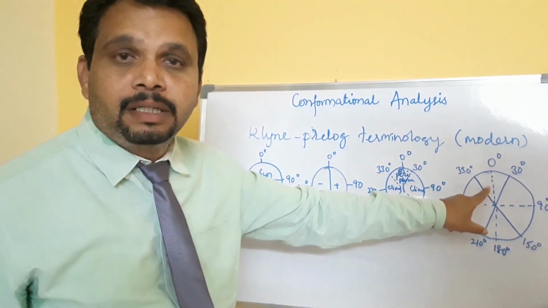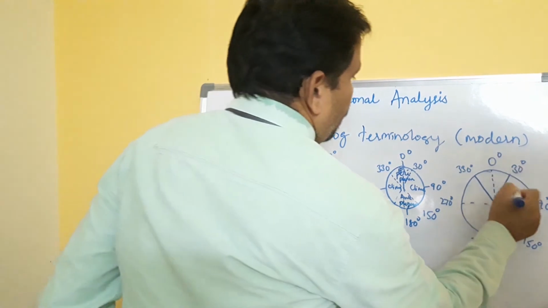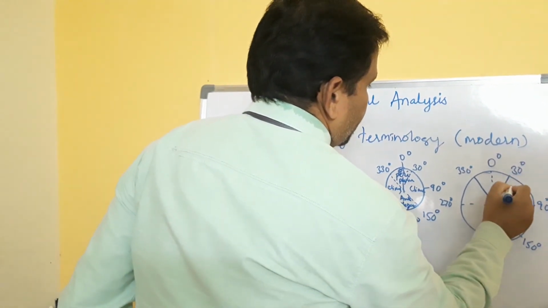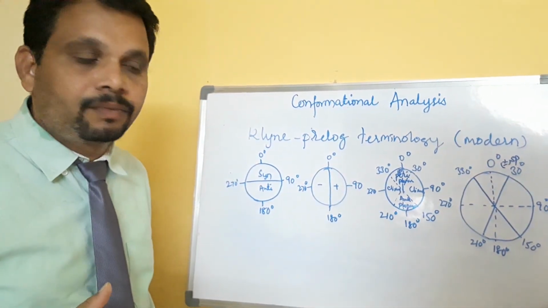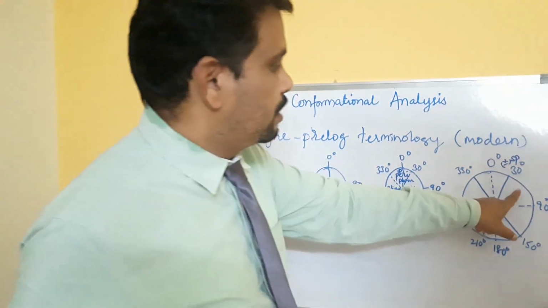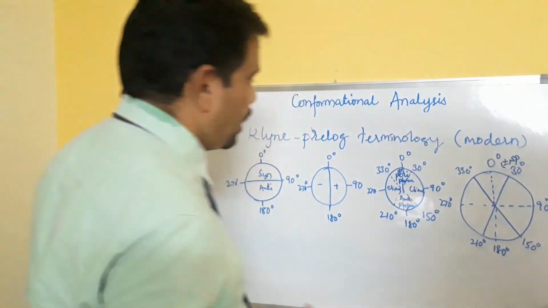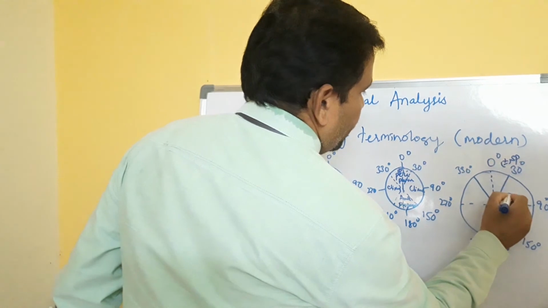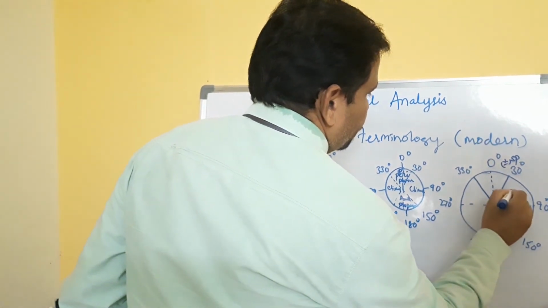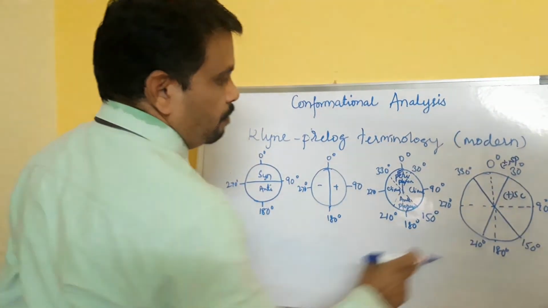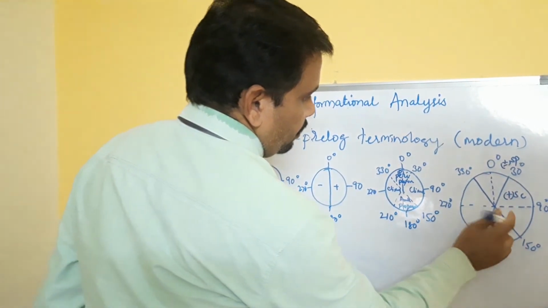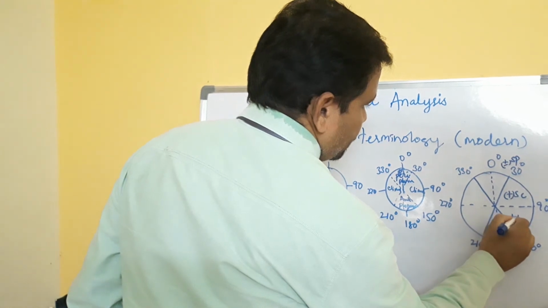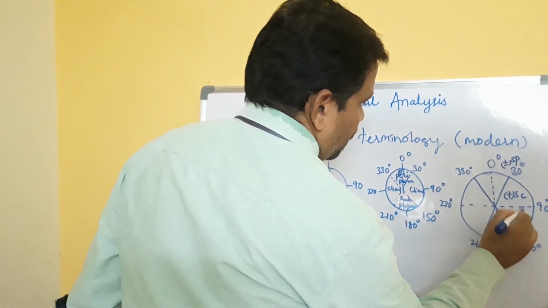Okay, so what about these two parts? Periplanar, P. So these can be called plus or minus SP. SP means syn-periplanar. Okay, what about this? Then plus SC. And this below part is anti, therefore plus AC, anticlinal.